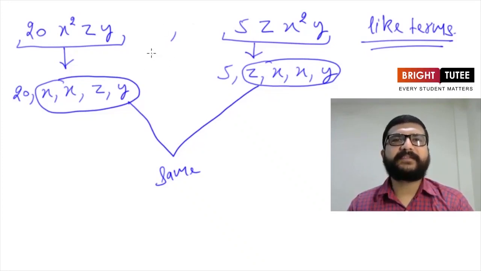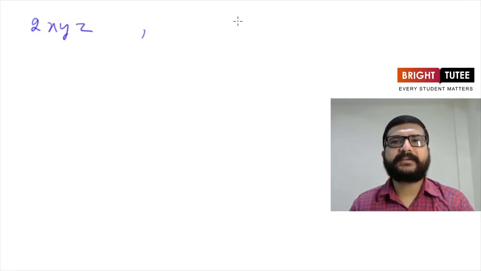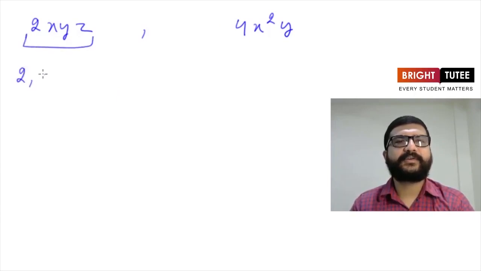So this is how we check whether the terms are like terms or not. Now if the terms are not like terms, they are unlike terms. We can have an example for that also. Let's say we are having 2xyz, and then we are having 4x square y. Now what are the factors here? Factors are 2, x, y and z.